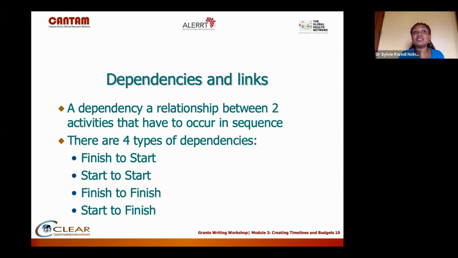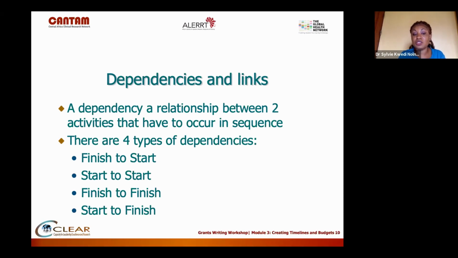So since this is a key and critical item in your timeline, starting the actual work with the participants, starting your consent process, you cannot start your consent process before having this ethical clearance. So this is a dependency that you cannot go around.